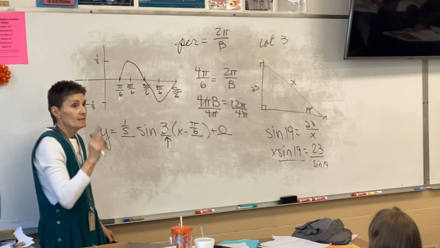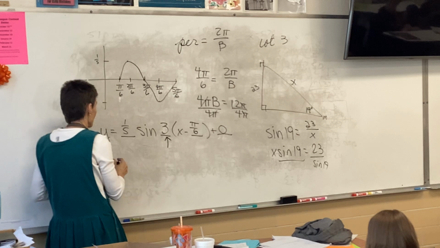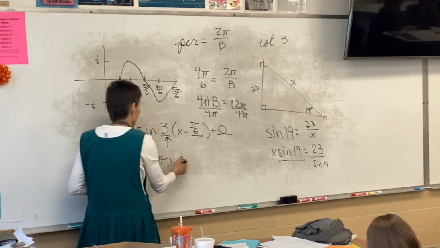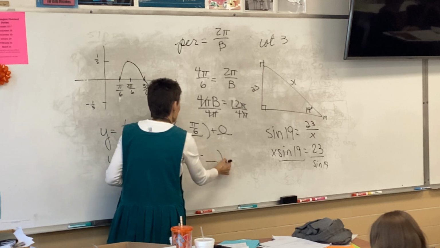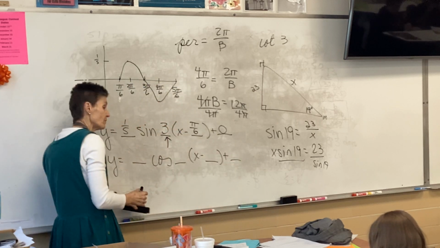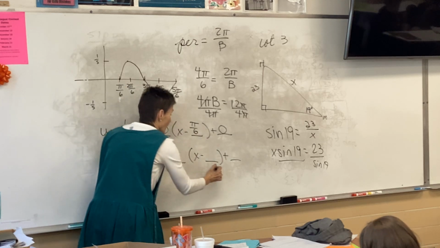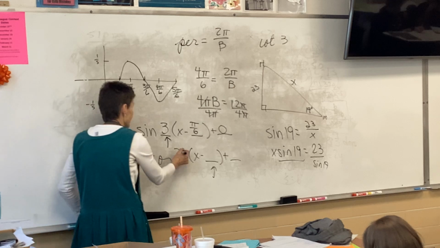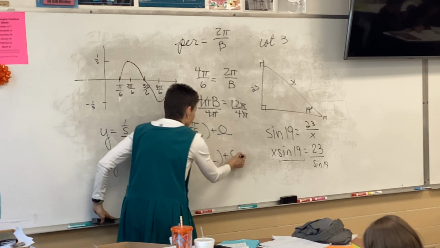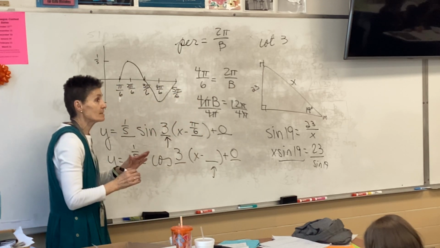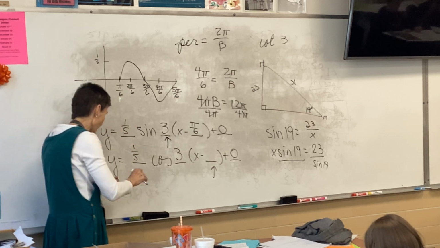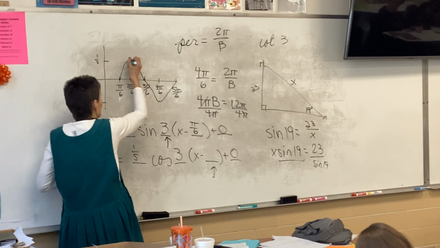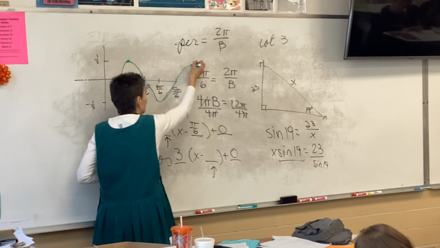Now, here's the good news. I now am going to write a cosine equation. The only thing that's going to change in the cosine equation is this guy right here. This is still going to be 1/5. This is still going to be 3. And that's still going to be 0. Because when I think of this as a cosine, I am simply thinking of a different chunk of the curve.